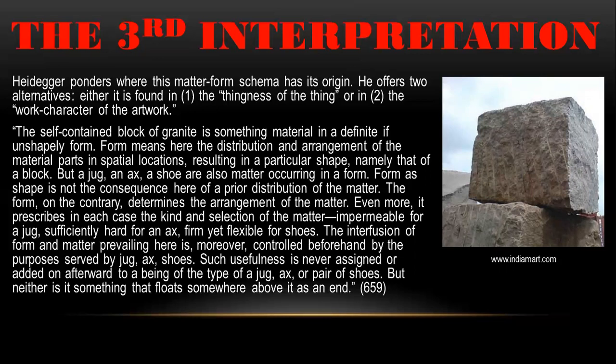For Aristotle, the work of art, he thinks, completes what nature begins. I don't think Heidegger would take it that far, but form in the granite is just simply a prior distribution of the matter. It just happens this way, right? Obviously not in a block the way we're pictured here, right? This was probably cut from a larger, less shapely block, but it happened this way, right?